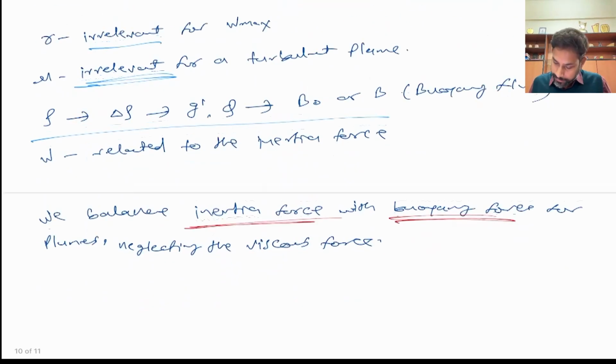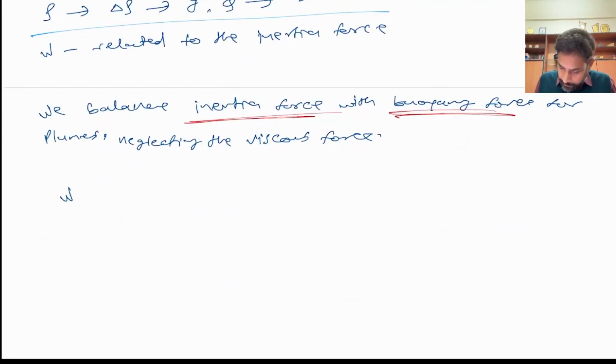And that is why W max must be a function of Z and B. Okay, it should depend on Z and B because these are the only surviving parameters.